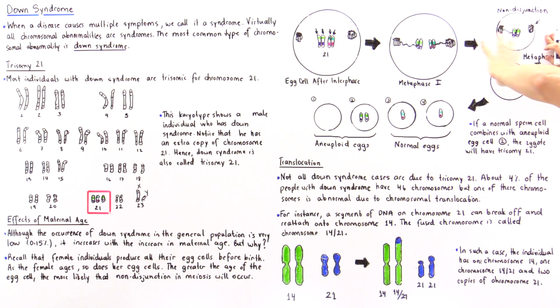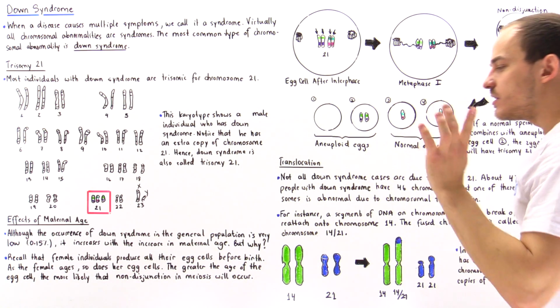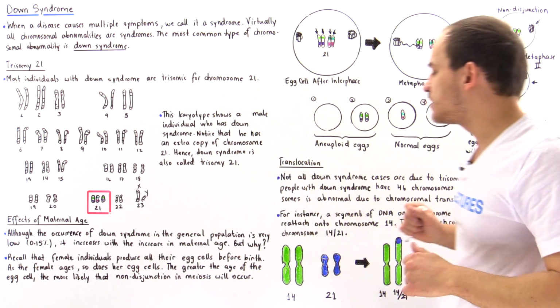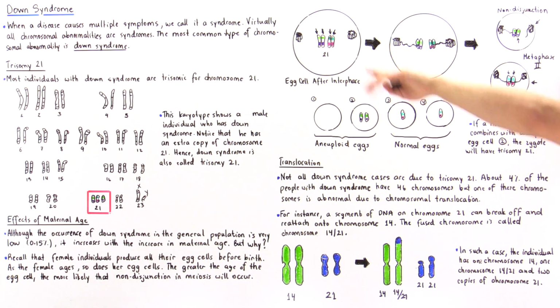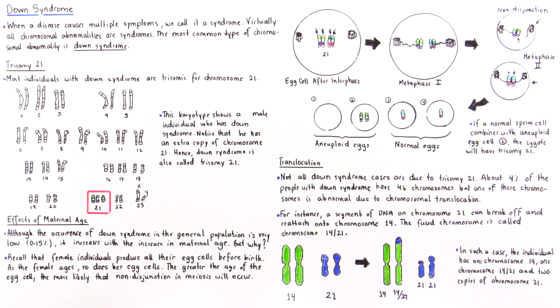Because the age of this X cell is high, the likelihood that non-disjunction takes place is also high. And so what might happen is, this fiber doesn't actually attach onto this chromosome. This is the chromatid here. And so this entire pair of sister chromatids basically segregates, moves to one side, and nothing moves to the other side.